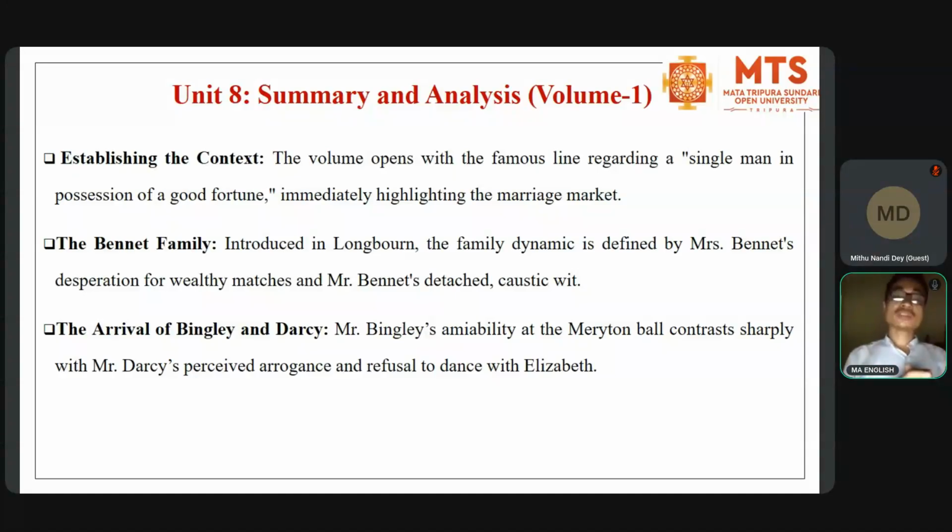The clash between, as the title suggests, the pride and prejudice begins here, because the attitude and the comment of Mr. Darcy reflects the pride about himself that he has. And after hearing that comment, Elizabeth is interpreting it as Darcy being a bad human being, a bad guy. So that is the prejudice.